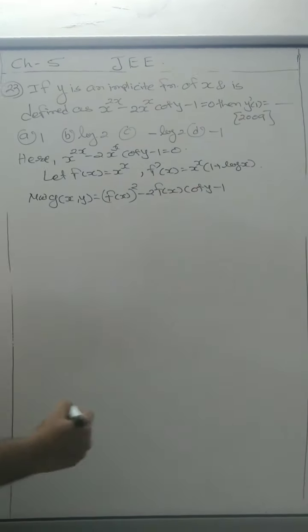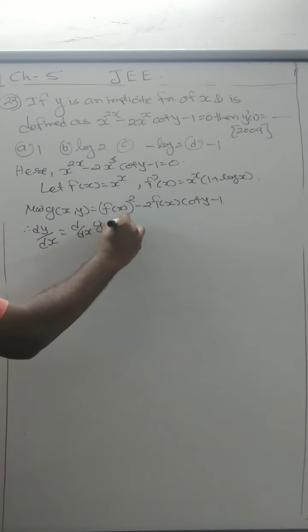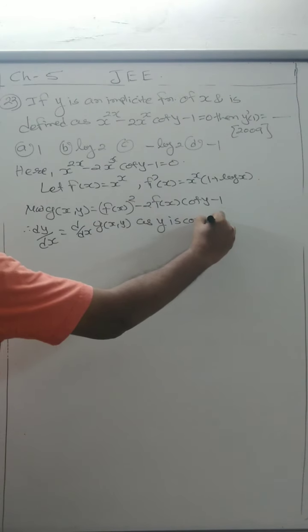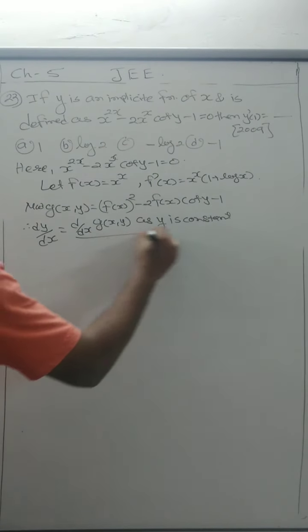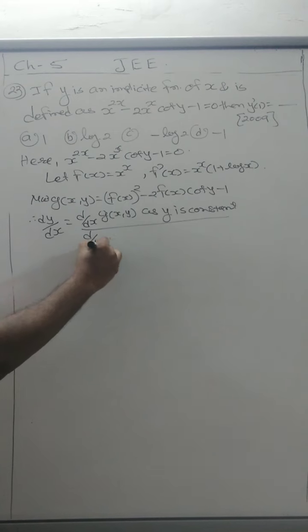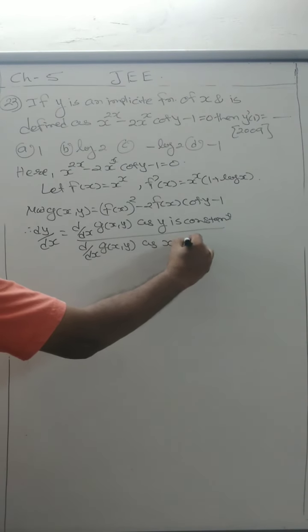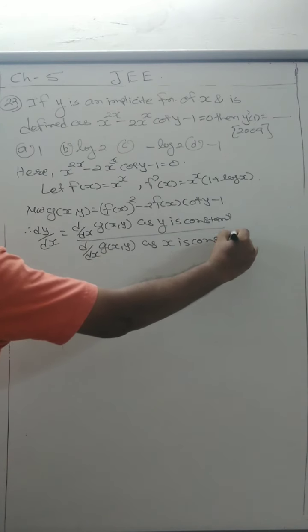So dy upon dx of this function is equal to minus d upon dx of g(x,y) as y is constant, upon d upon dy of g(x,y) as x is constant. Right?